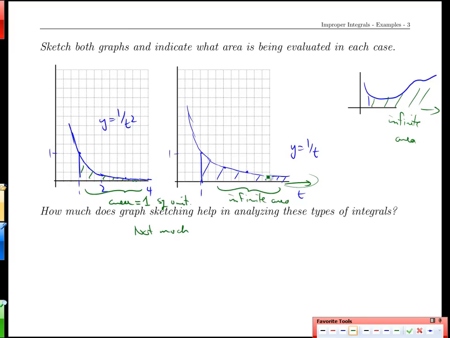The only cases we're really going to struggle with are when the graph goes down to 0, so there's something getting smaller, but the area gets larger because we have an infinite axis side, and so there's some kind of 0 versus infinity battle going on here, and we're trying to figure out under different conditions which one of these values is dominant. Do we get a finite mixture of this zero graph, or does the infinity of the t-axis interval dominate and we get an infinite area? That's what we're going to look at in more detail.